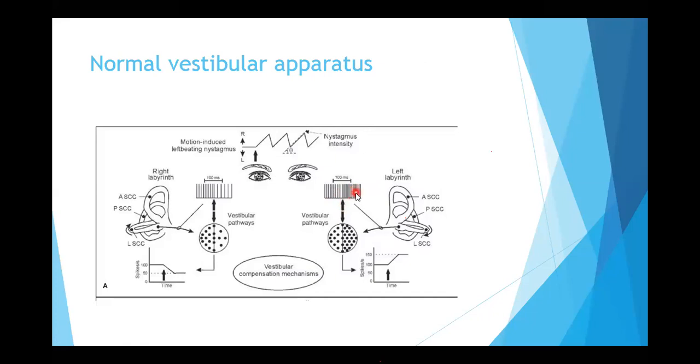After turning, the firing has increased, which is excitation. Okay, and the other side, what happened? The inhibited responses, which means less firing compared to your spontaneous rate. Okay, so this exactly shows the firing of the nerve.